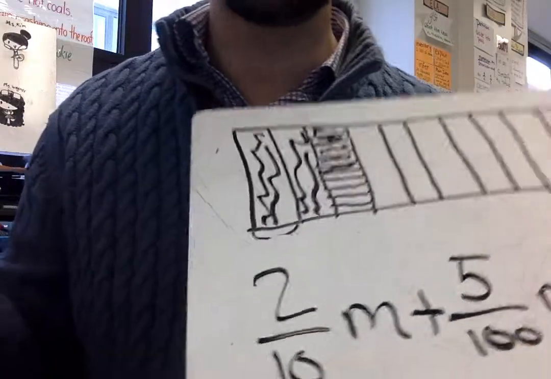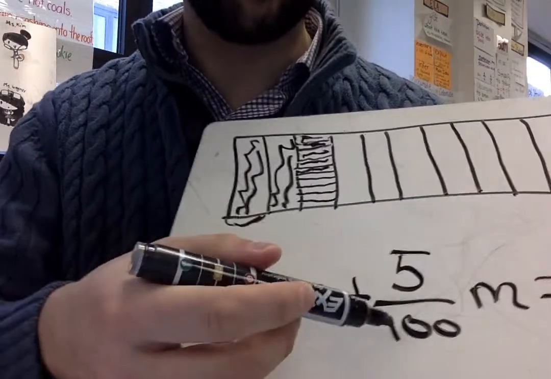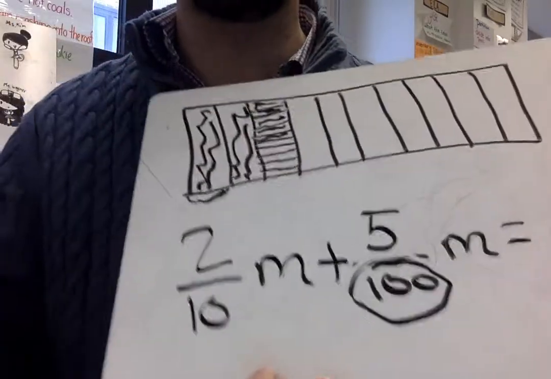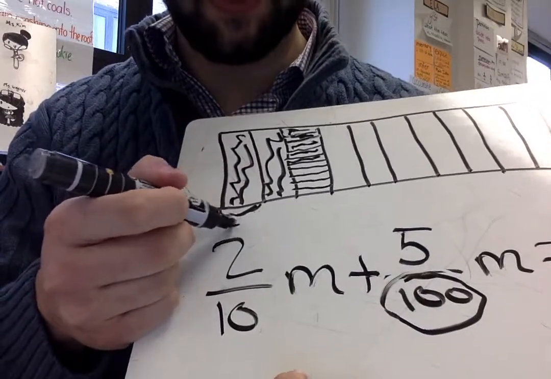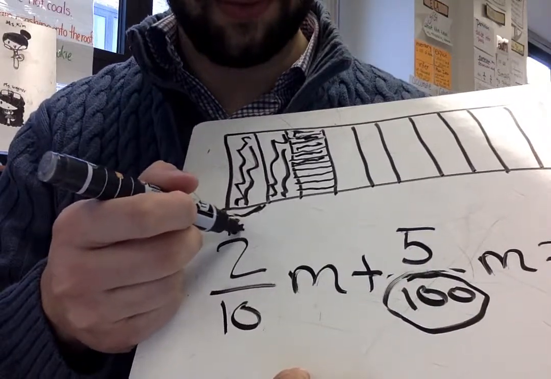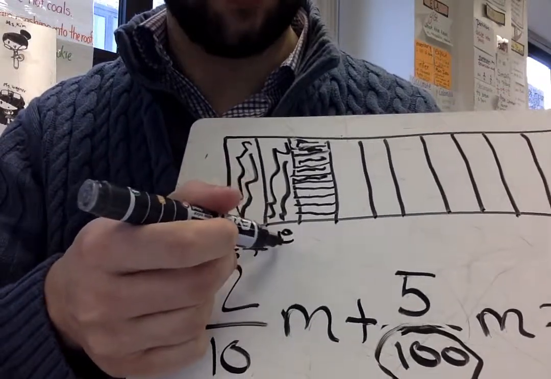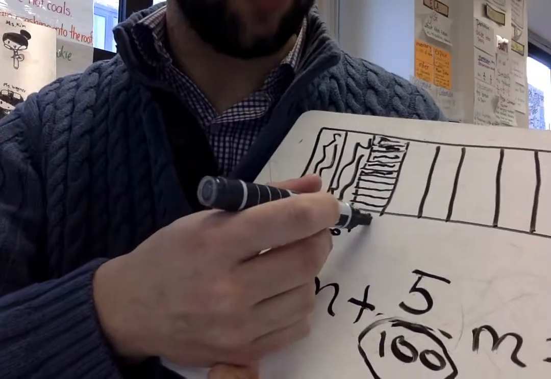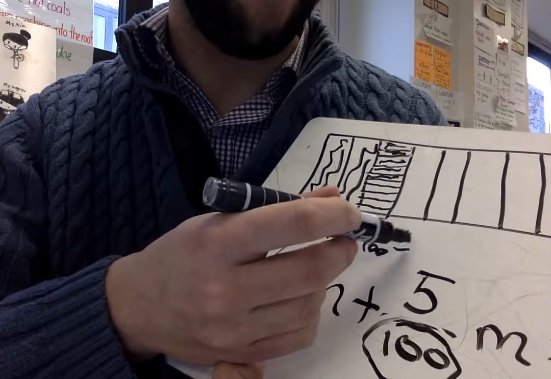And so now how many do I have altogether? Well, I'm going to go with the smaller place value, so I'm going to decompose so that I'm working in hundredths. I have 10 hundredths here, plus 10 more hundredths, plus 5/100ths, which we represented by decomposing that third part.